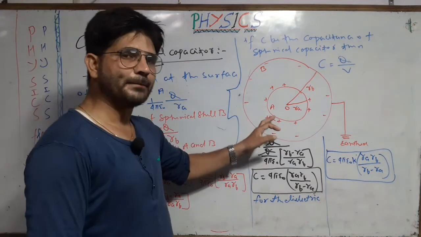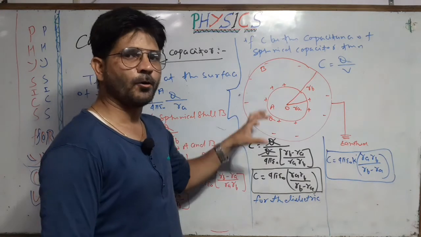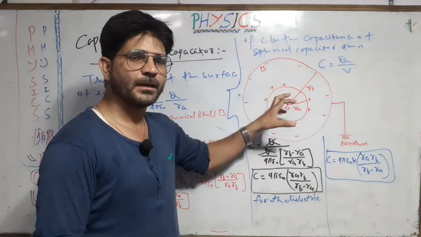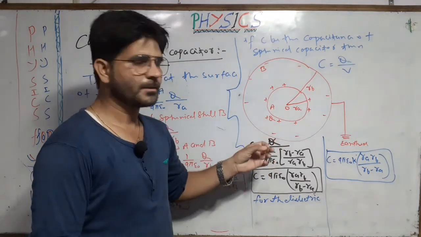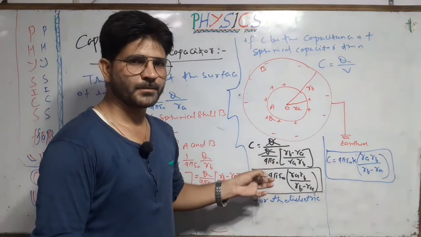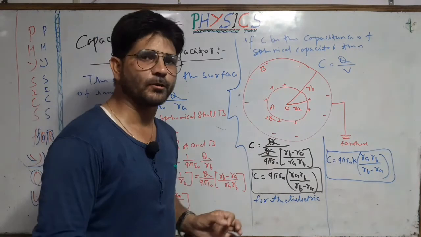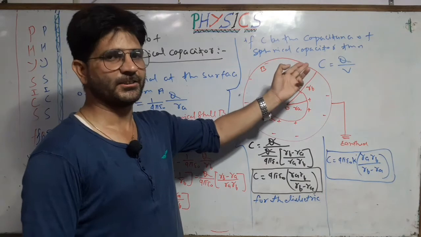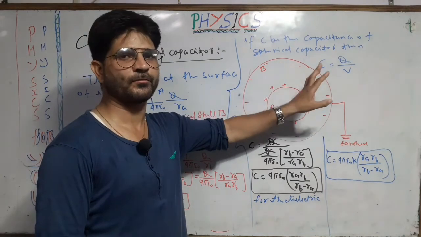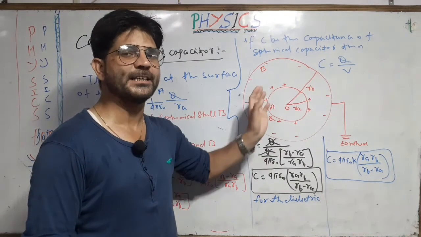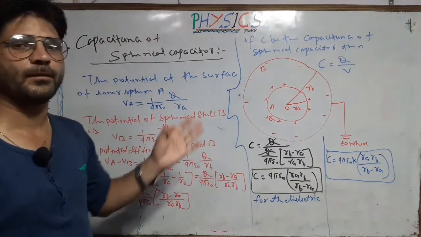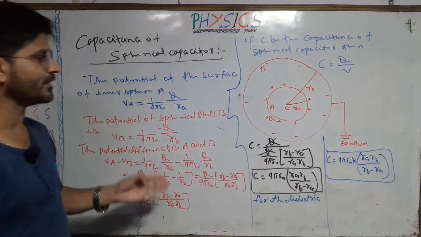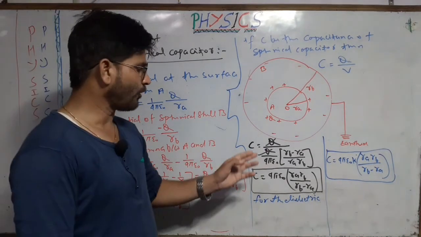When we have a hollow sphere surrounded by a spherical shell and a charge is given to the inner sphere, the same opposite charge is induced on the inner surface of the outer shell and the similar charge at the outer surface of the outer shell, which is removed by the earth. This whole combination is said to be a spherical capacitor, and its capacitance is given by the formula for the air.